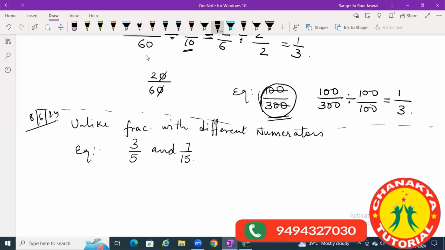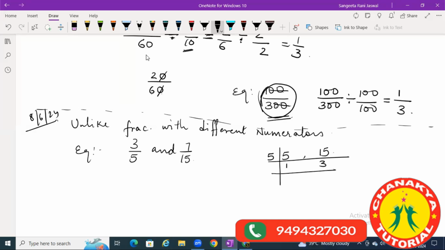So what we will do, we will take the LCM of the denominators first. You know the LCM? So I'll take the LCM of both the denominators. Please listen first, afterwards you can do. Keep your pencil down and just listen now. I'm taking the LCM of 5 and 15.